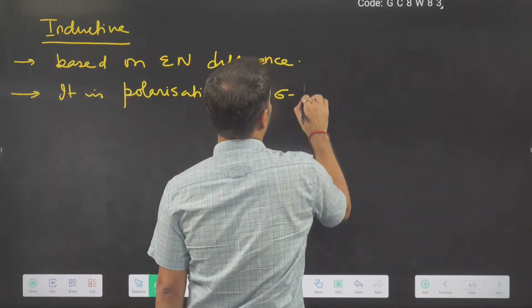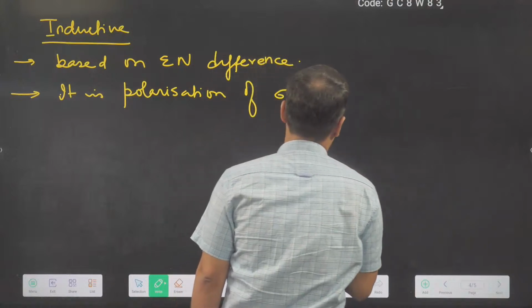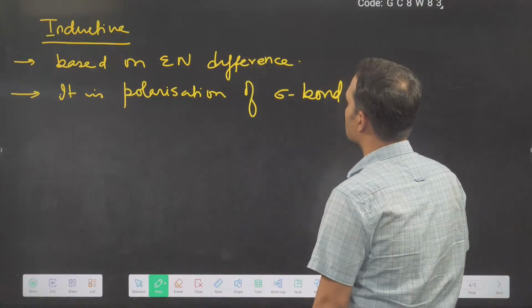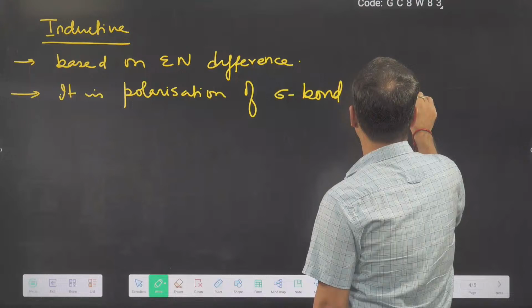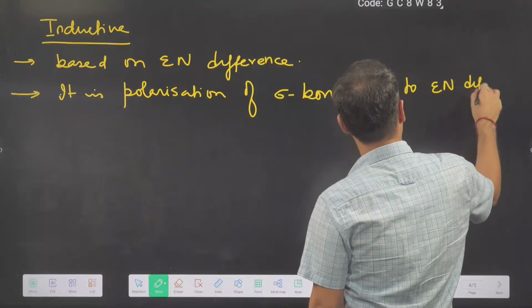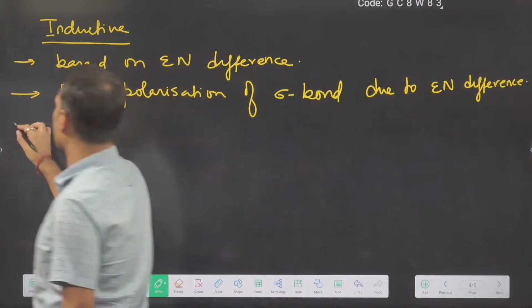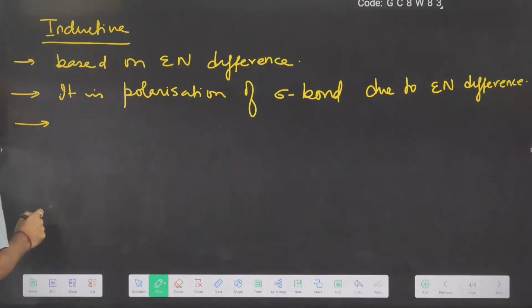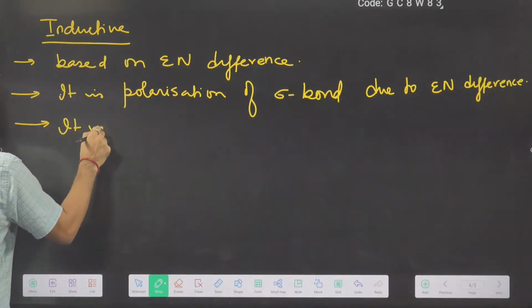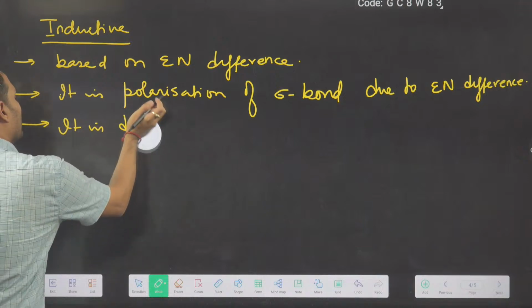It is polarization of the sigma bond due to electronegativity difference. You can also say it is a distance dependent effect.